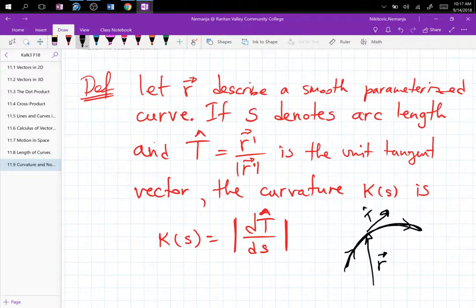See, your arc length is a short path, and on that path, I drew this badly because the tangent vector and r vector always need to be perpendicular, so I have to fix r. There we go.